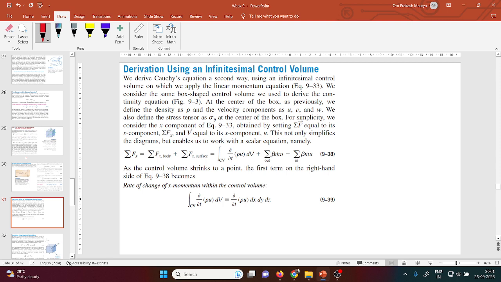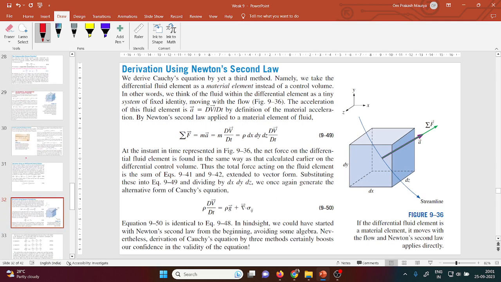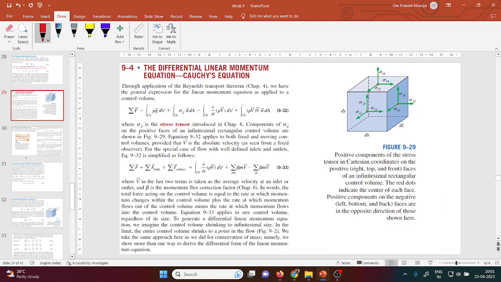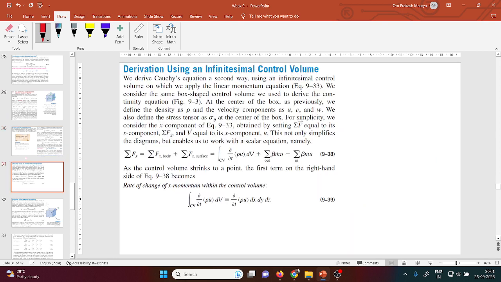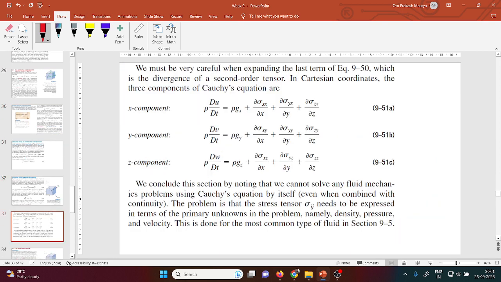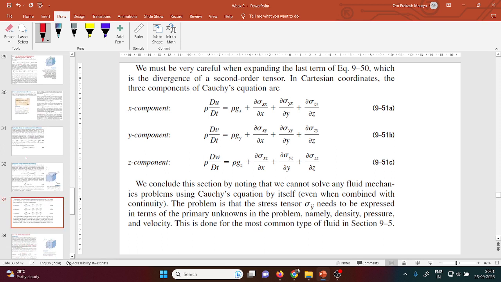And one more concept here, Newton's second law. Using Newton's second law, how we will derive Cauchy's equation. So here there are three approaches to derive Cauchy's equation. One is the divergence theorem, second is the control volume, and third is Newton's second law. So this is the final equation of Cauchy's. You can take a screenshot.